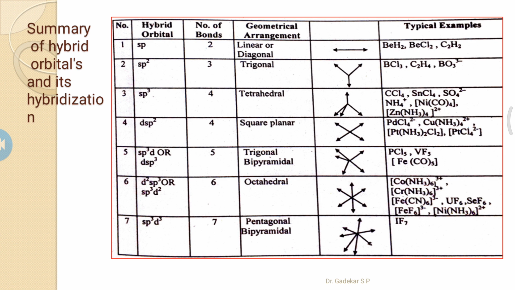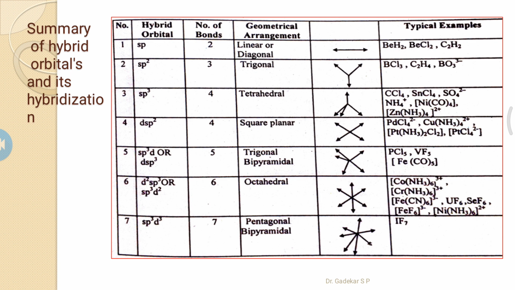But in our syllabus it only involves d2sp3 type of hybridization. 6 types of sp, sp2, sp3, dsp2, sp3d or dsp3, and then d2sp3 or sp3d2 hybrid orbitals are involved in hybridization.